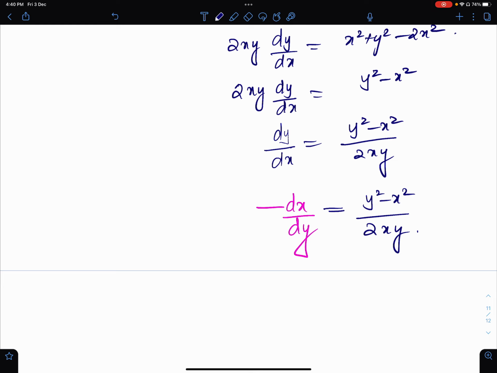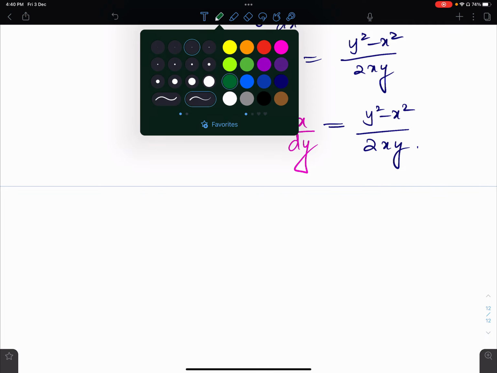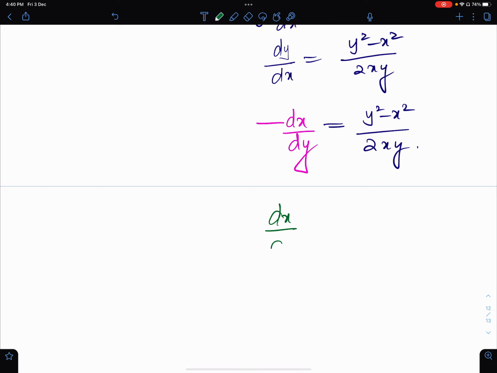By using this minus, multiplying the minus inside, dx by dy is equal to x square minus y square by 2xy.